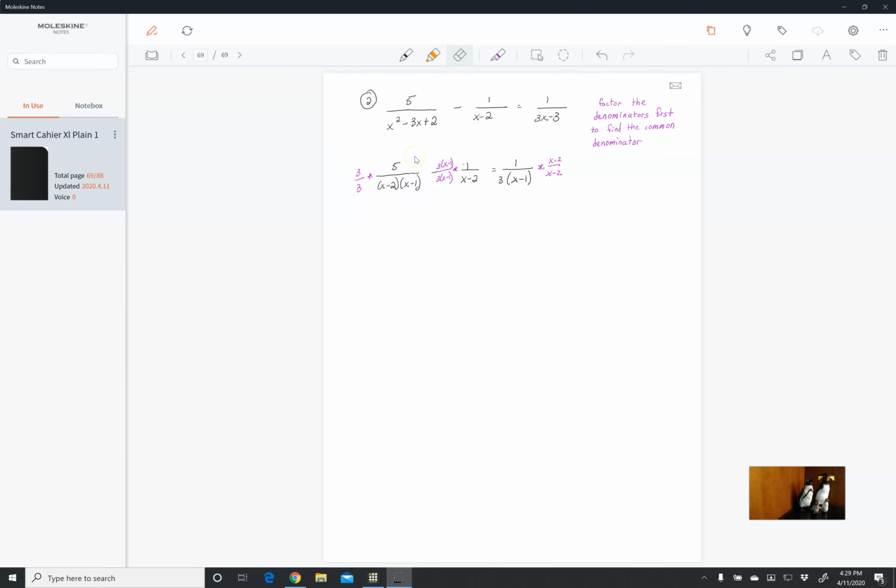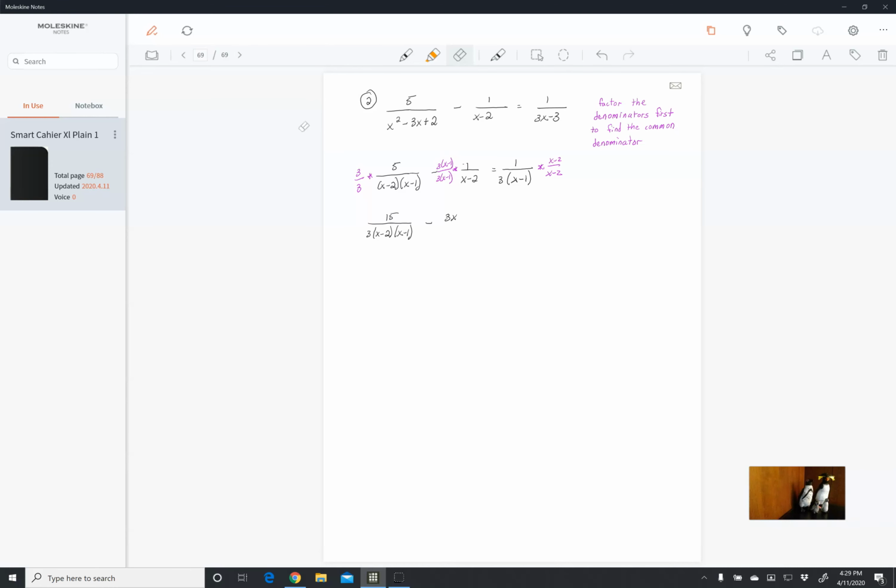3 times 5 is 15. Remember, don't multiply the denominators unless it becomes necessary, and it's rare that it's necessary. Then we have a minus.